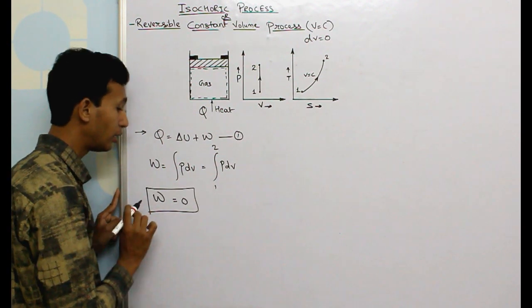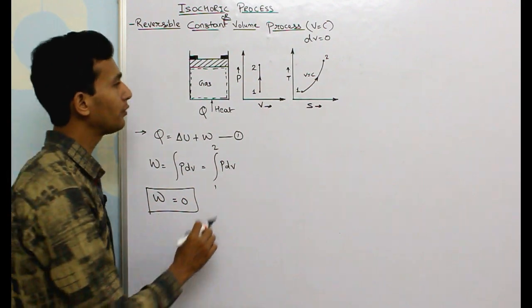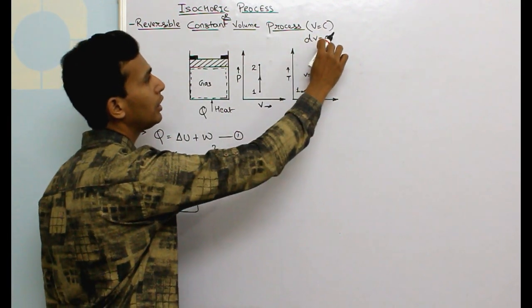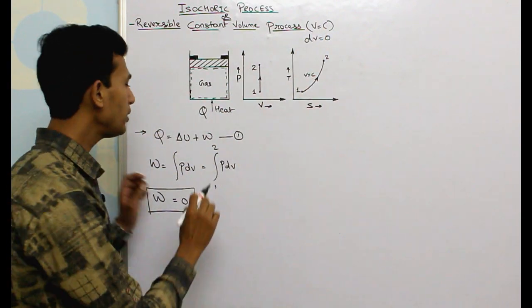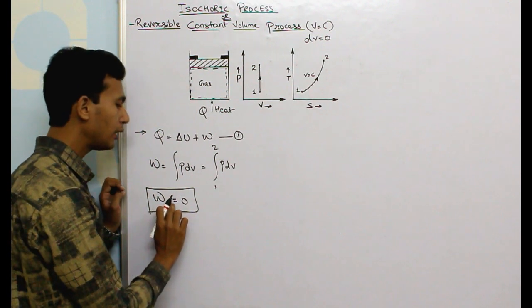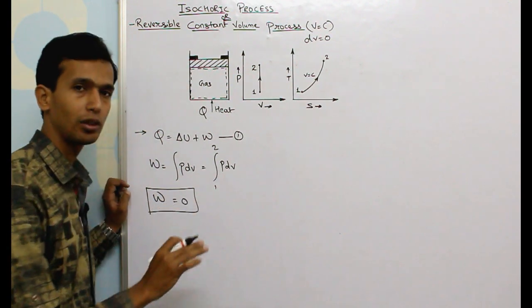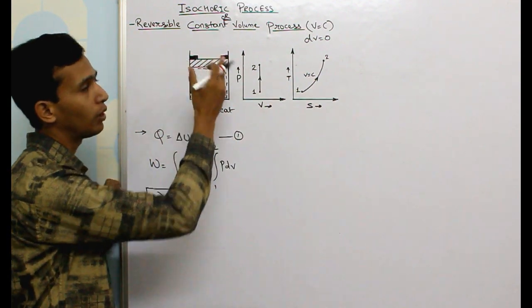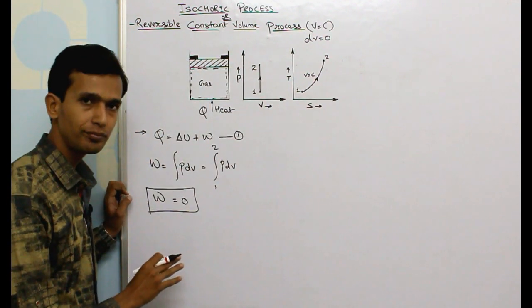Now why I am writing this W equals to 0? As we have mentioned that volume is remaining constant, so the change in volume dV is equals to 0. When I say dV is 0, the complete term becomes 0, so the work done by the system is equals to 0. So there is no work obtained during a constant volume process by the system.